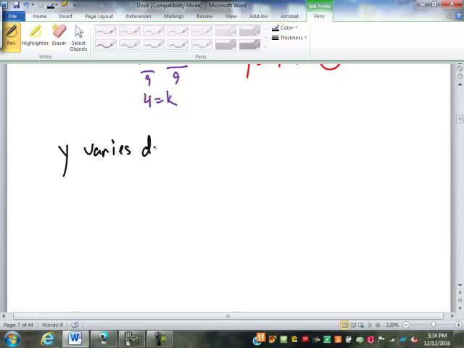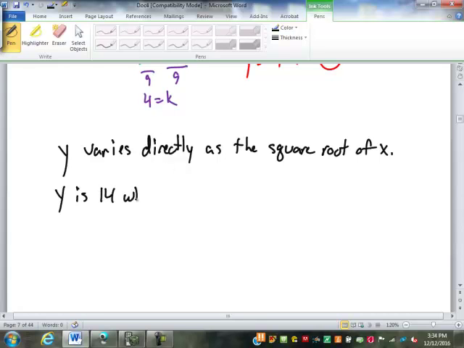Y varies directly as the square root of X. Y is 14 and X is 4.